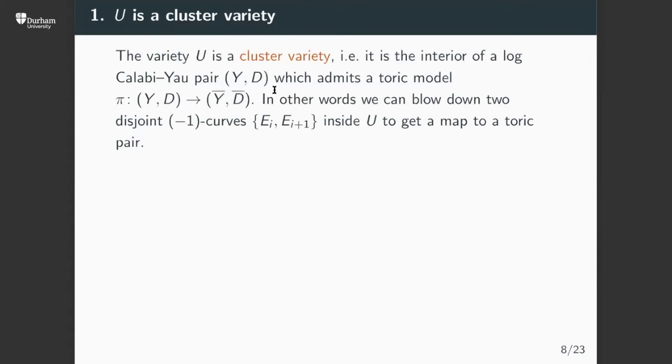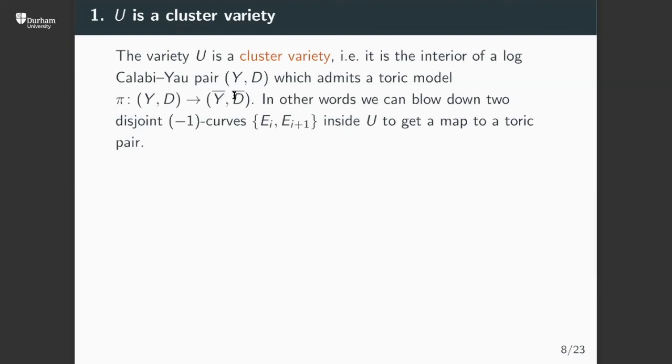Log Calabi-Yau means that Y has a holomorphic volume form, which has a simple pole along the boundary D, and is non-vanishing on the complement, which is this affine variety U. And this projective variety Y with a boundary divisor D has to have a toric model, which means that I can find a projective birational map that sends Y and D onto a toric surface Y bar and its toric boundary divisor D bar, where the map is an isomorphism from D to D bar.